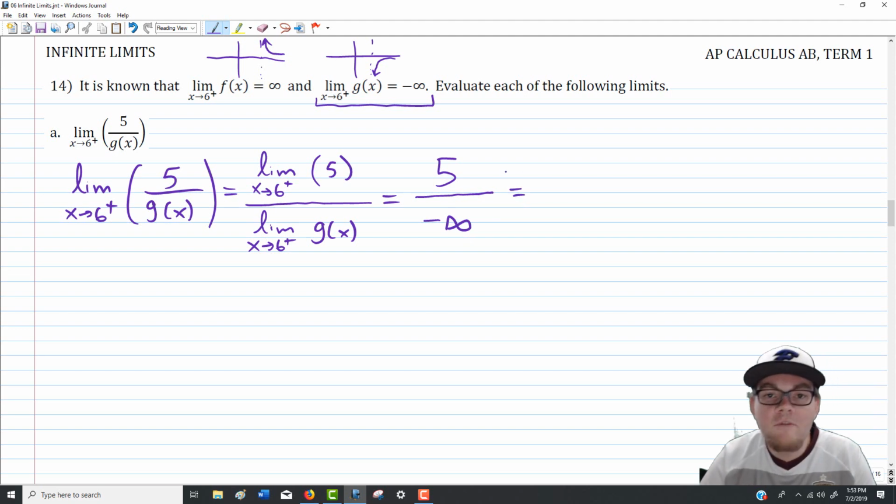So we're dividing 5 by a humongous, like unfathomably large but negative value. So I always think about this in terms of pizza. If you have 10 people eating a pizza, the slices are a lot smaller than if you have 4 people eating the pizza.